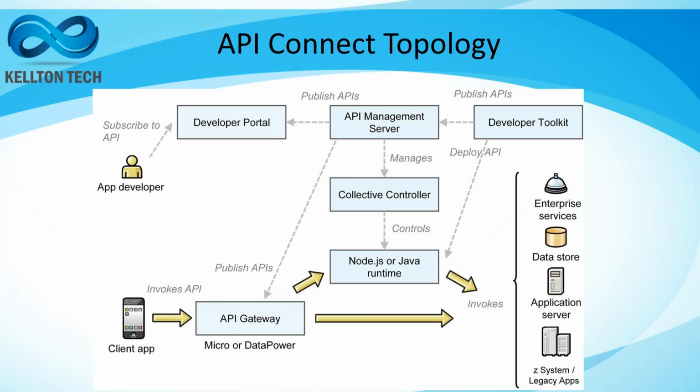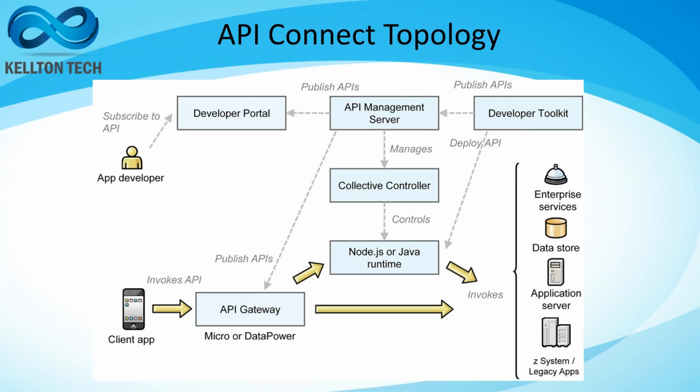So let's look at the API Connect topology view and see how the 6 components are related to each other. How do they function? You have the API developer using the API Toolkit. He would define the API, and the API implementation is deployed onto the runtime.